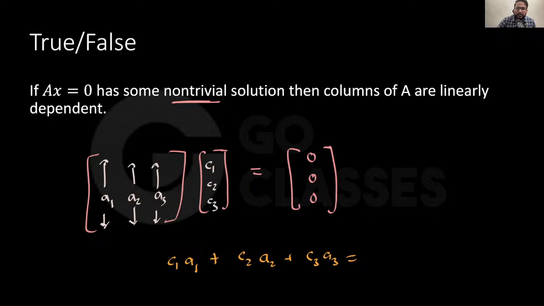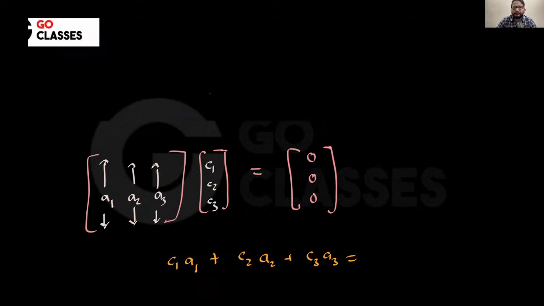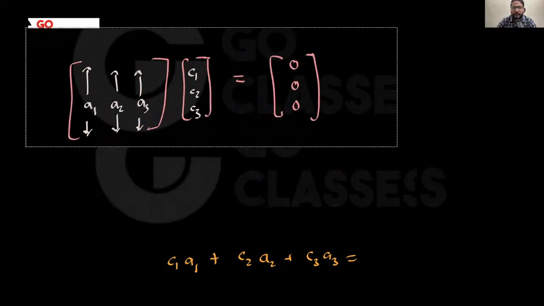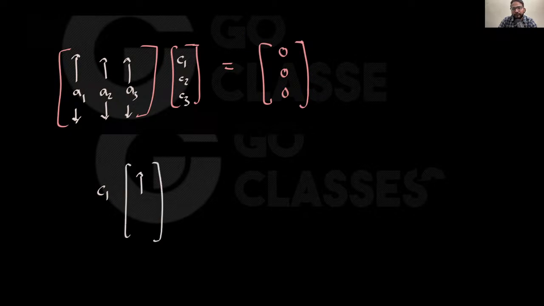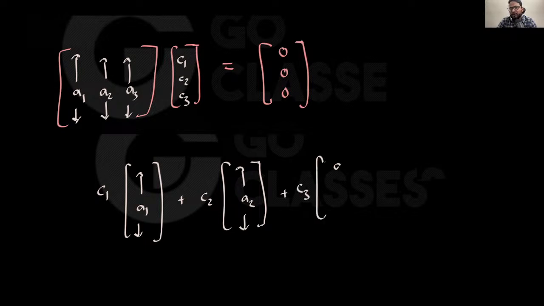Let me go to the next page. Here what I'm saying is basically c1 into a1, plus c2 into a2, plus c3 into a3 is equal to 0, 0, 0, because that's the way we multiply, right?